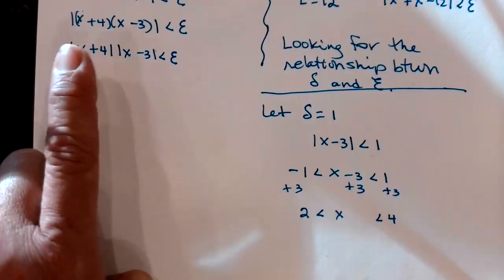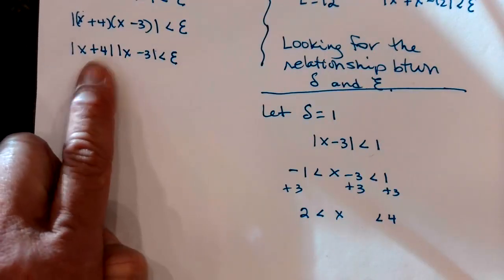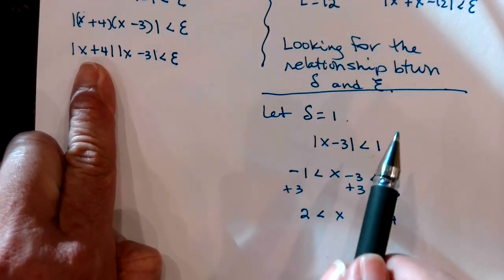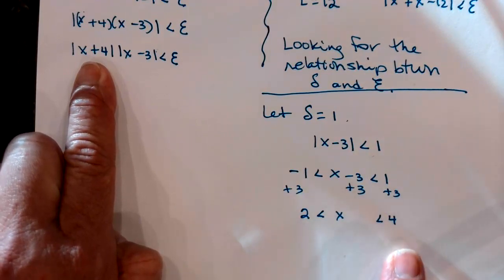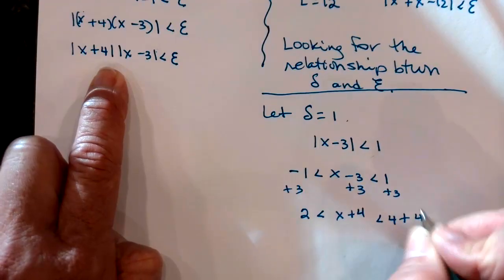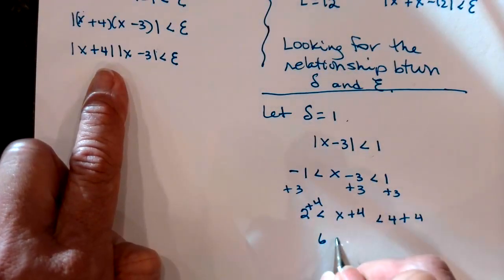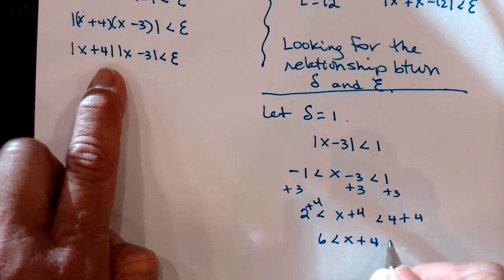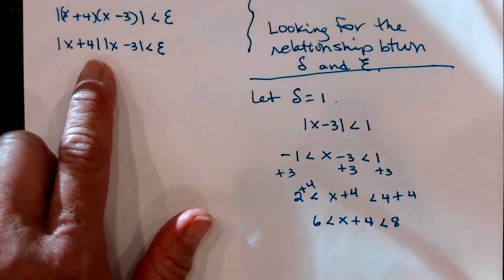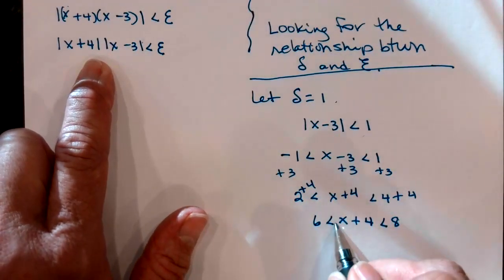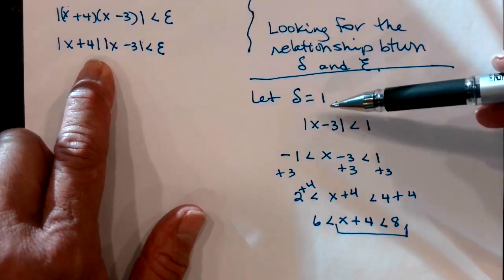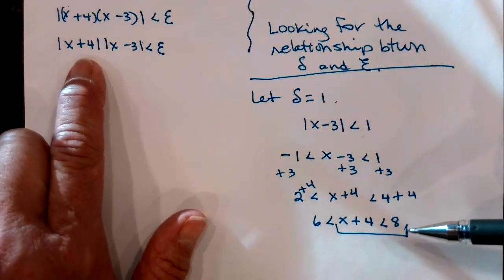But what I really needed a boundary for was this x plus 4. So if delta is 1, then I know x is between 2 and 4, which means that x plus 4, adding 4 everywhere, is between 6 and 8. I just need the upper boundary for it, and that upper boundary is 8. So for delta of 1, the most that x plus 4 can be is 8.